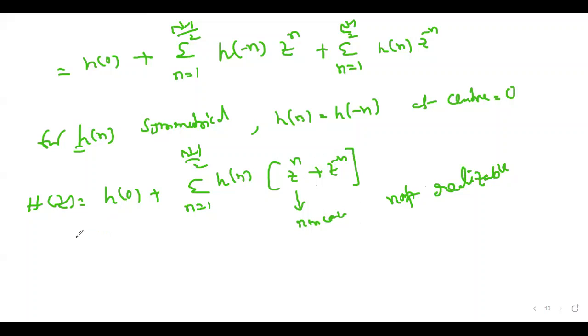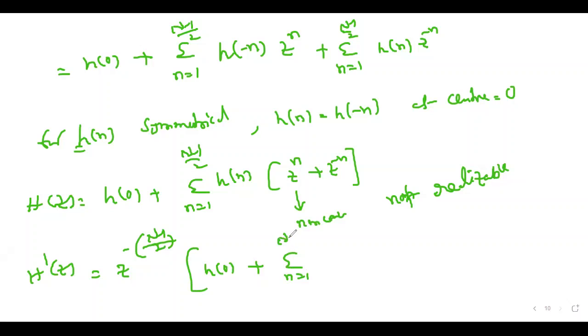Therefore, we have to change this to a fully causal system. How to do it? We can do it by multiplying this total with z power minus (N minus 1)/2. So the total will be shifted. This can be called h dash of z, which is physically realizable just after multiplication with some delay. Take the same formula, just multiplied with an extra delay term, that is, the delay of the center of symmetry.